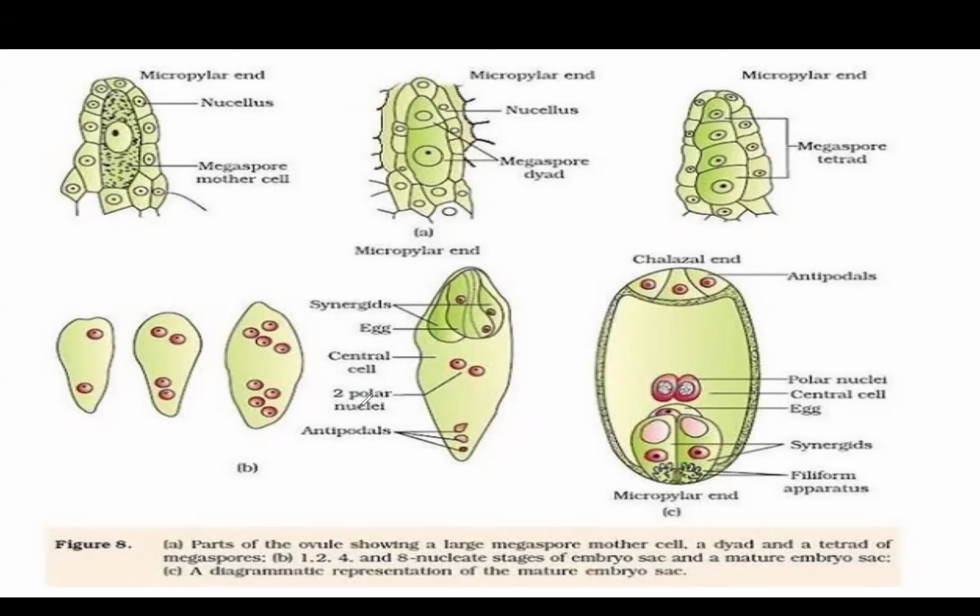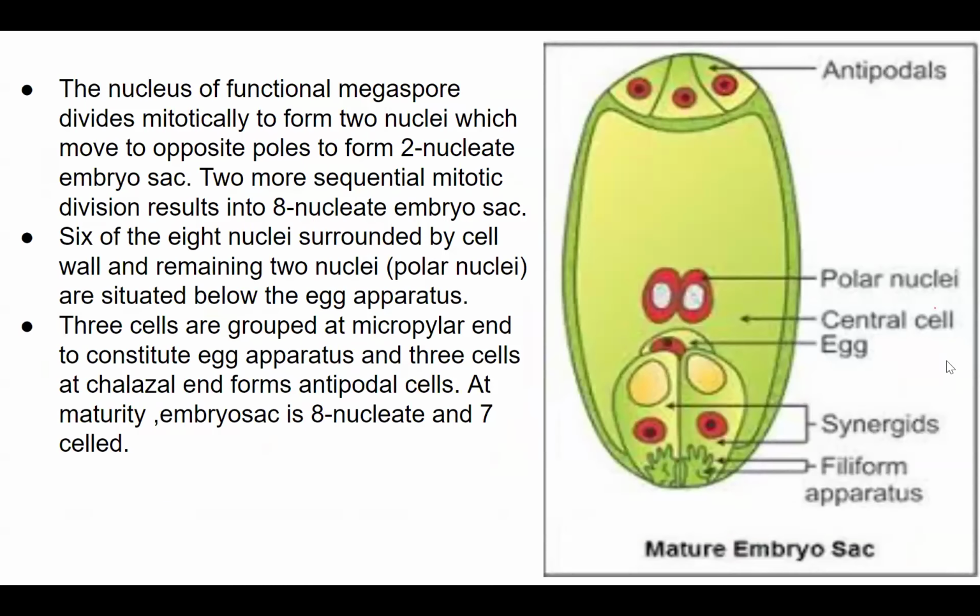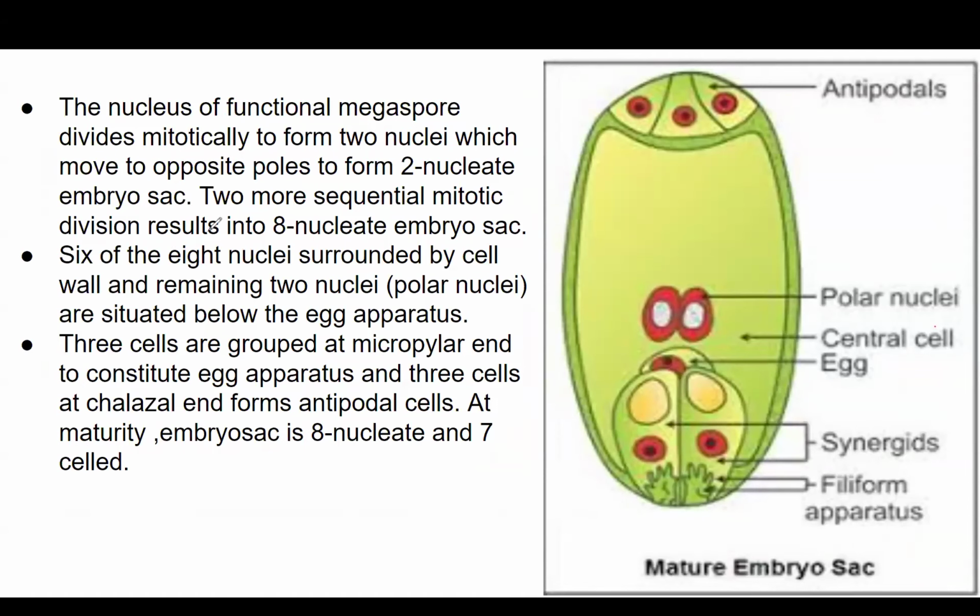Now the cell that I am getting finally, the mature embryo sac, is known as 8 nucleate 7 cells. Why is it known as 8 nucleate 7 cells? Coming here, the megaspore: the 3 nuclei moving up form 3 antipodal cells.